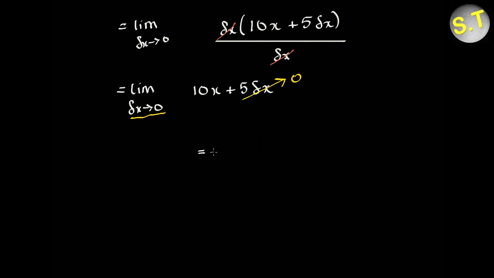So then we're left with 10x. So to conclude, the first derivative of 5x squared is equal to 10x. So in the next video, we're going to look at a couple of more complicated examples.